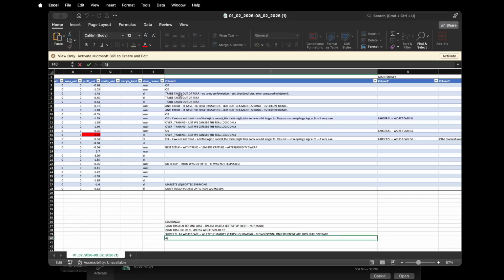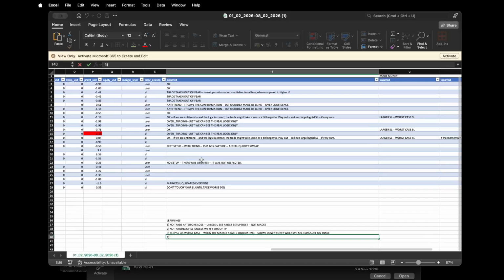Fourth is anti-trend. We can go anti-trend, but prefer taking trades in the trend if we have an option to go for anti-trend.